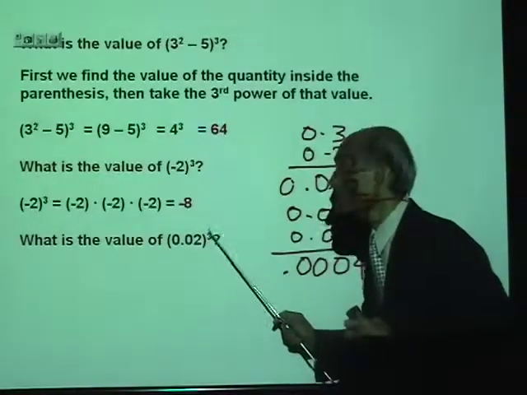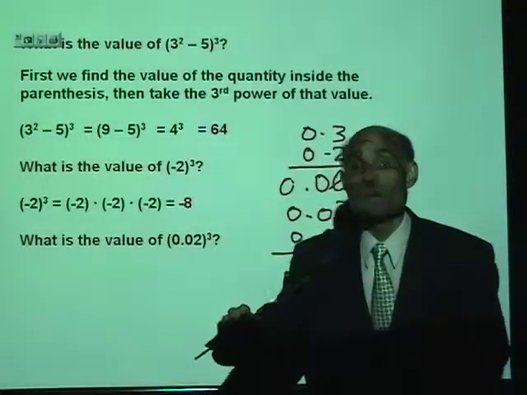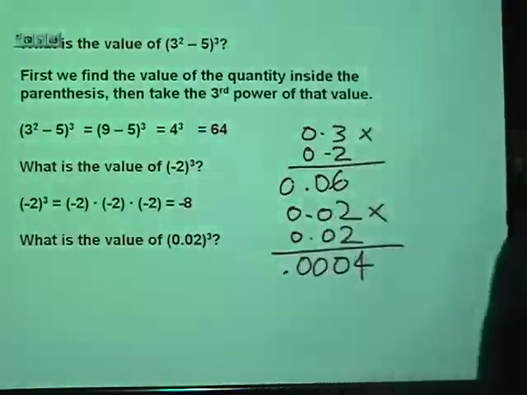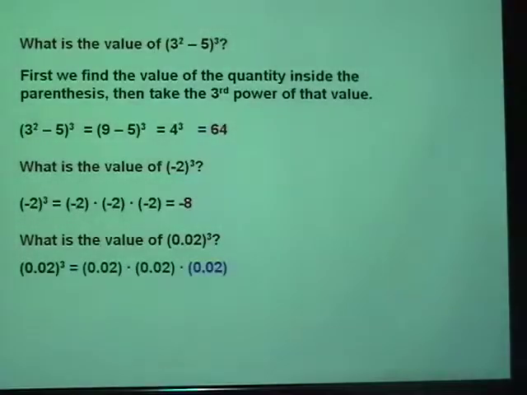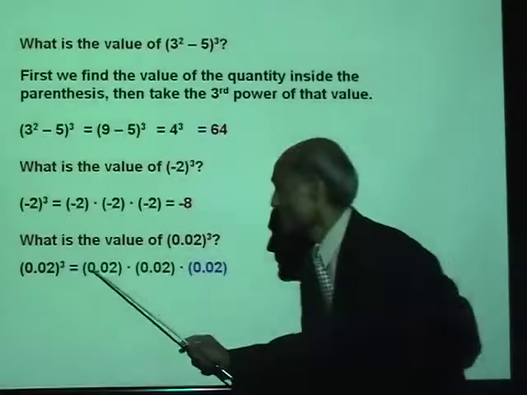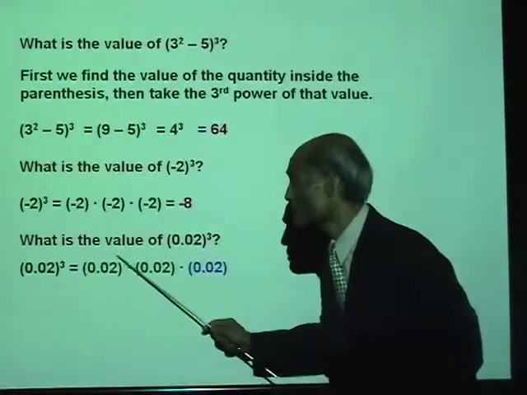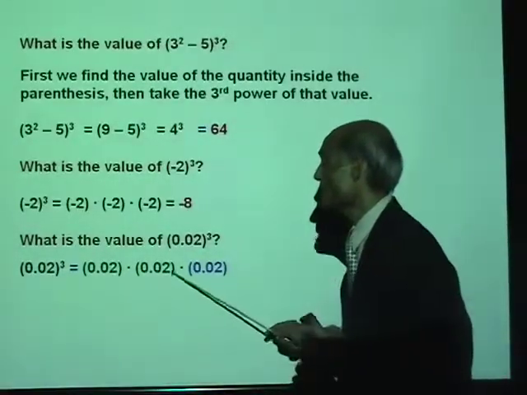Okay, now can you do this? 0.02 raised to the power of 3. 0.02 is multiplied by itself 3 times. What will that be? First multiply 0.02 times 0.02. What is that?